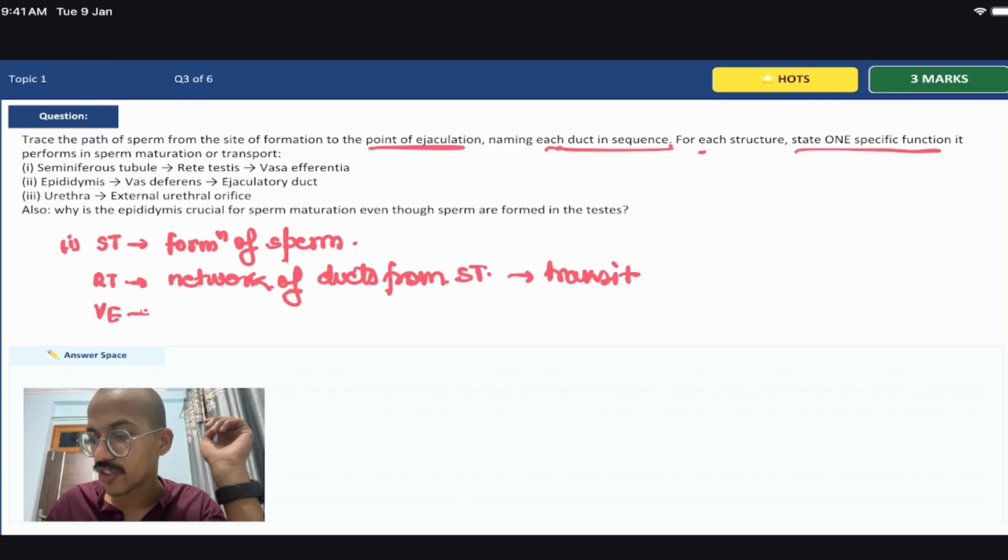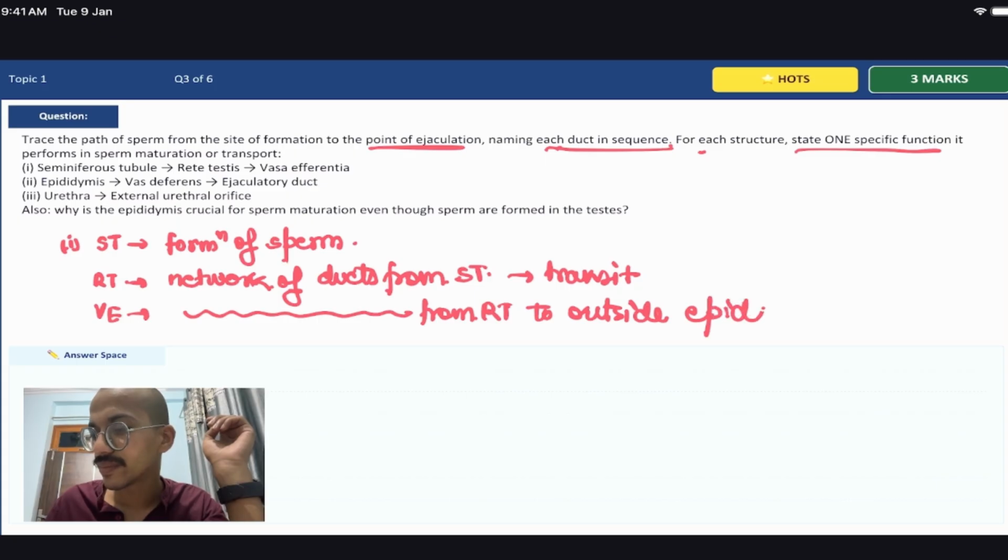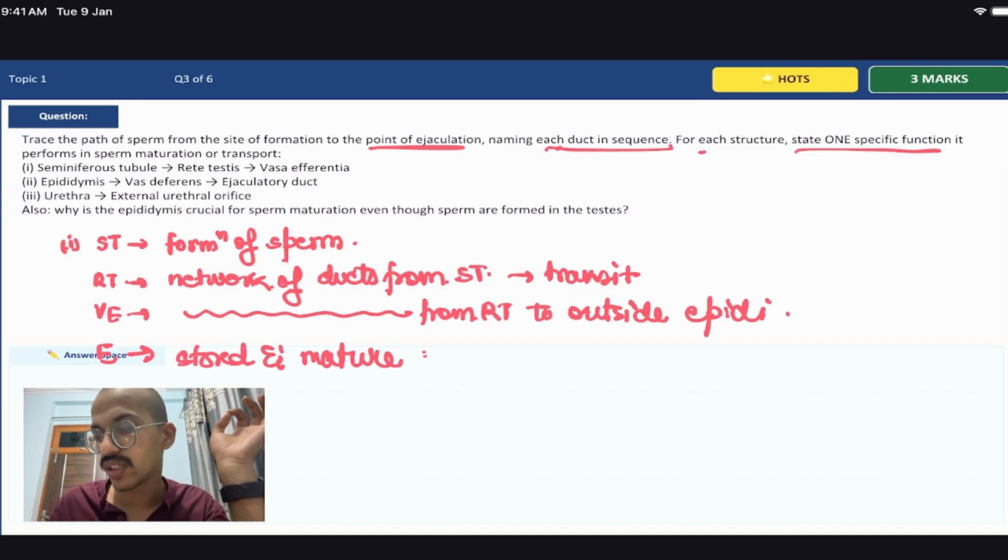The vasa efferentia are also networks of ducts from the rete testis to outside, into the epididymis. Then comes the epididymis. What is the role of the epididymis? It stores and matures the sperms.